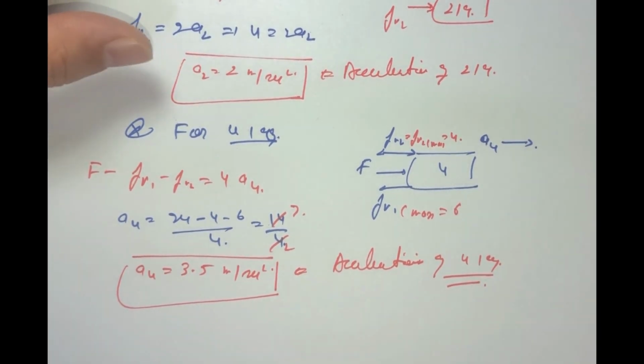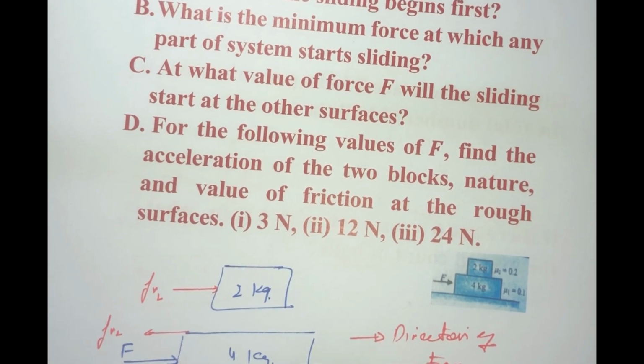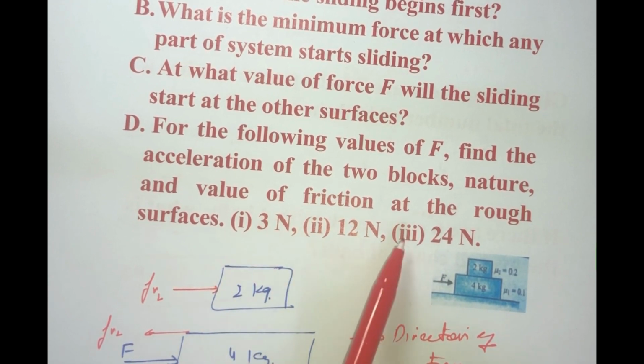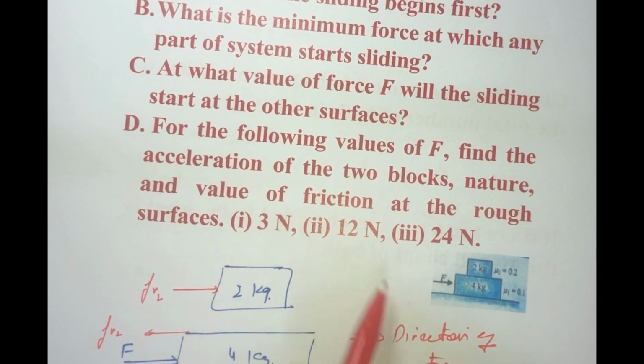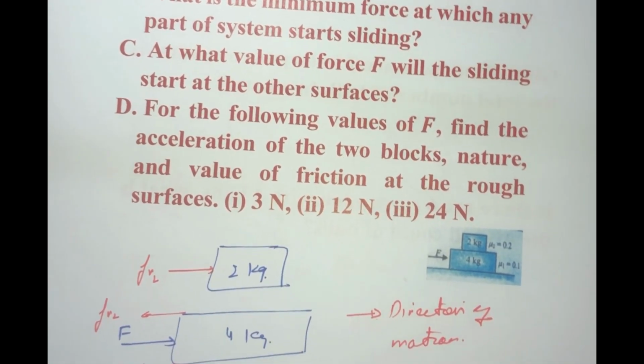So this is a wonderful example, especially the part D, in which we can clearly see how, with the application of force at different values, the value of the acceleration changes from 0 to a common value, then a different value, and accordingly the value of the friction also changes. Thank you.